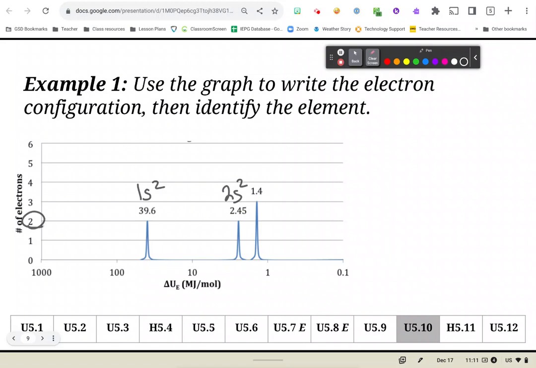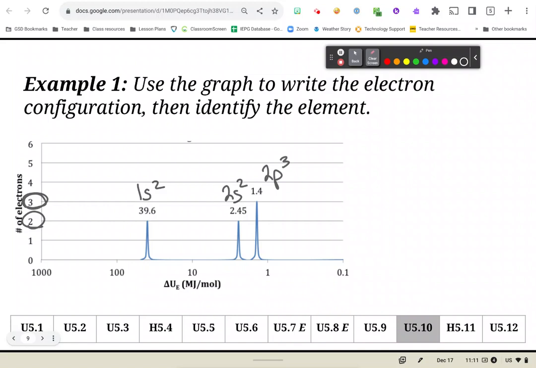I also know it because if there's an additional peak, I can always assume that it's a ground state electron, so each orbital is completely full. So now I know I have a 2p, but on my last one, I always have to think about how many electrons there are.